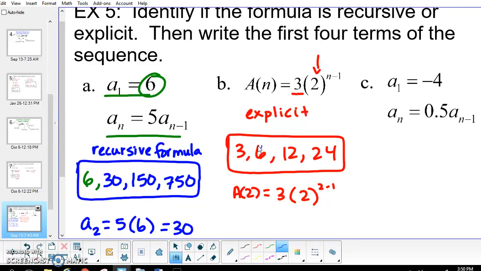Okay, now this last one, recursive, there's 2 lines. So pause it and list out the first 4 terms.